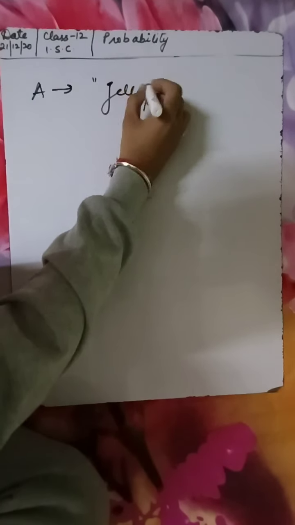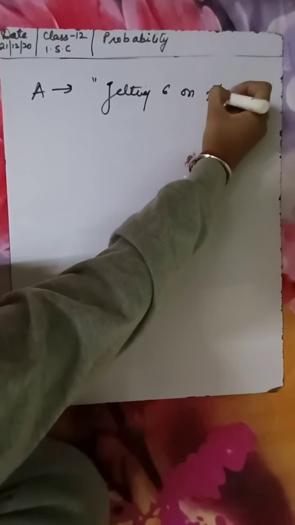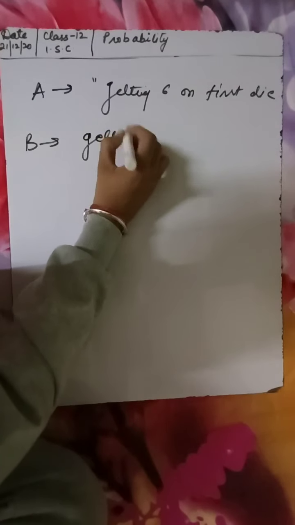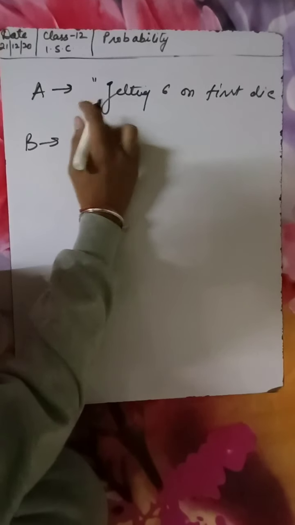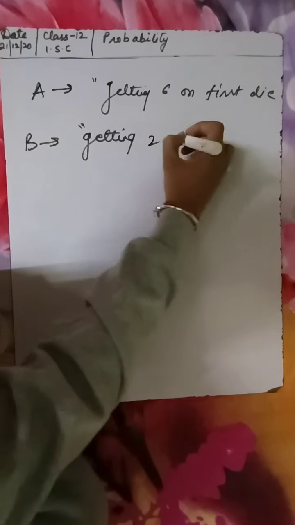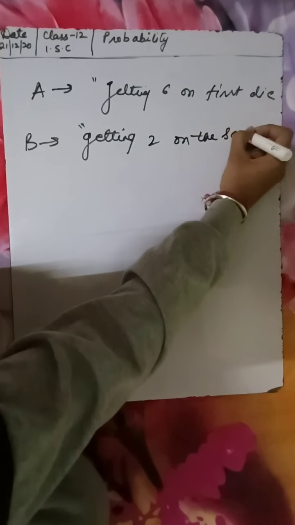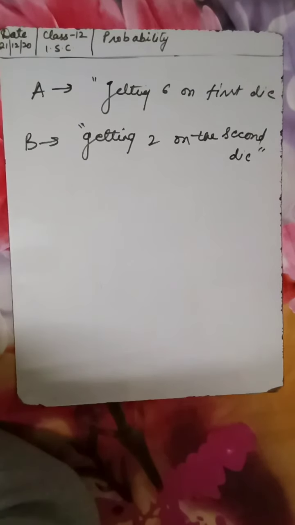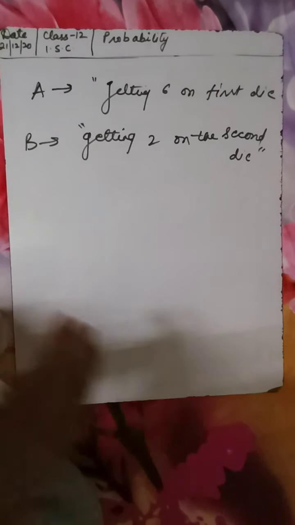We are given event A: getting 6 on the first die, and B: getting 2 on the second die. Now we need to verify whether A and B are independent or not.